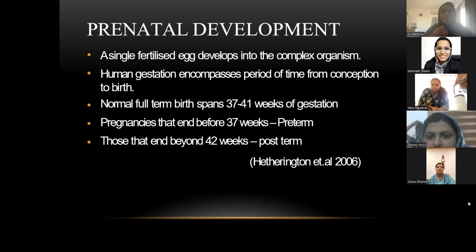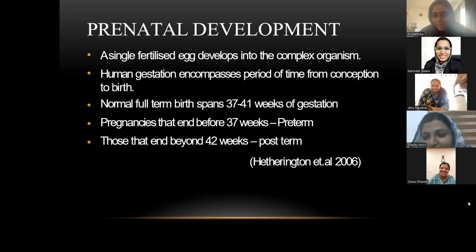Normally, there are two conditions, full term and preterm. Full term means some babies get delivered within 37 to 41 weeks. I think many of you who are mothers know what it is.